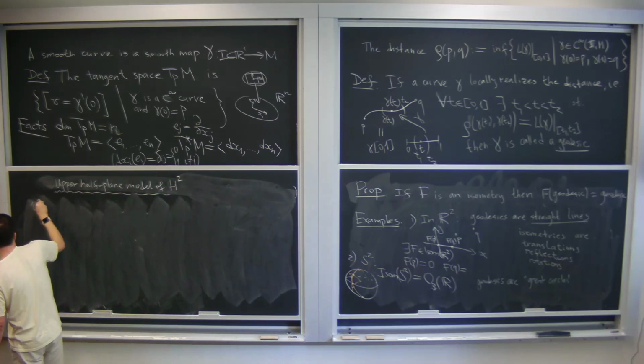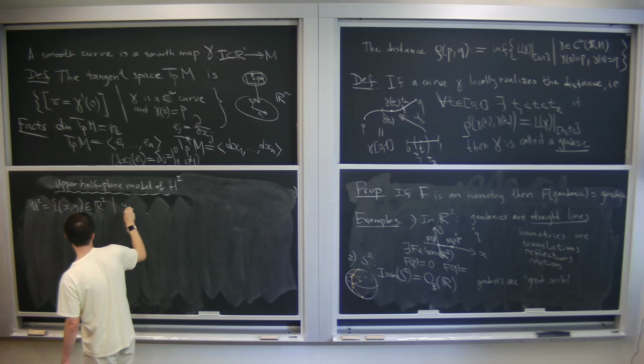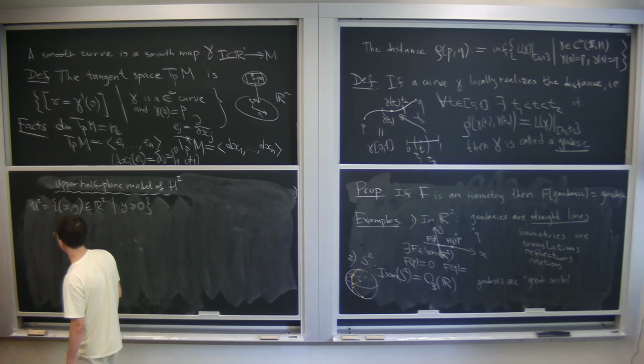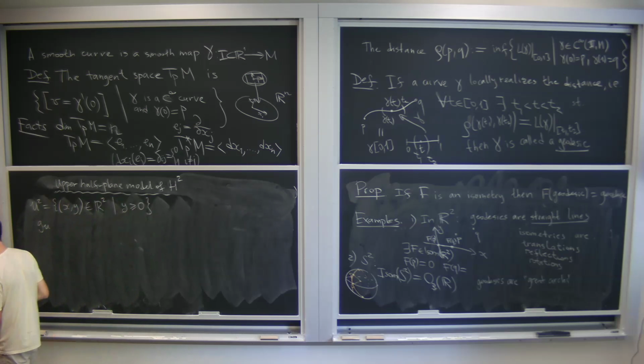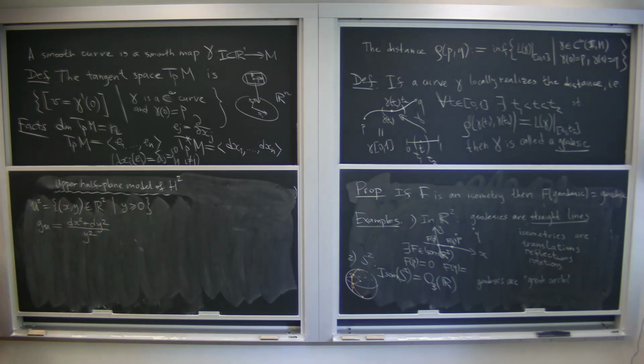So U2 is the set of pairs (x, y) from R2 such that y is greater or equal than 0. Then we take the hyperbolic metric, which I will write as follows. It is dx squared plus dy squared, but divided by y squared. So it is a Euclidean metric, but with some scaling factor here. And this changes the geometry actually pretty much.